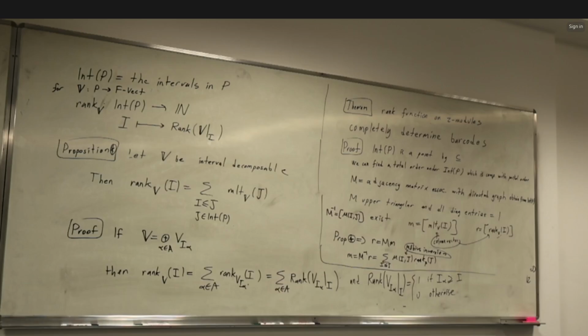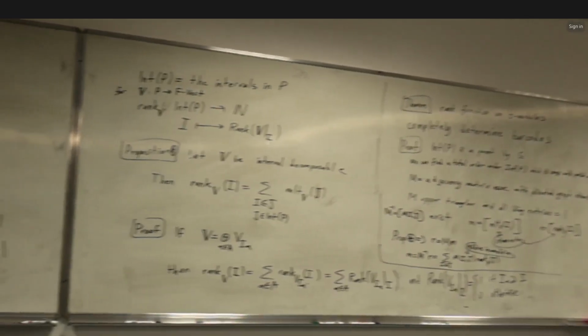There's no relation between these two, but I put a total order even though there's no relation between these two. So I get the matrix M: 1, 0, 1, 0, 1, 1, 0, 0, 1. So the diagonal entries are 1. You have an upper triangular matrix.